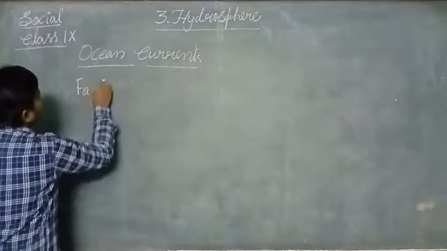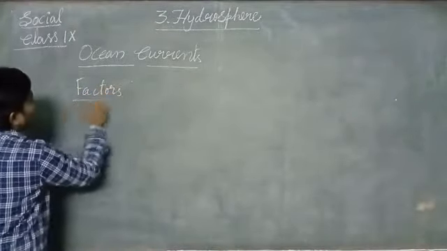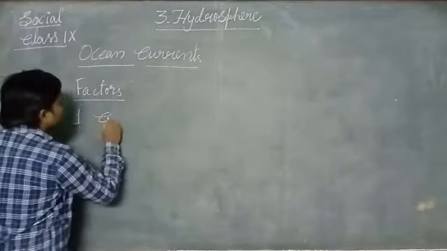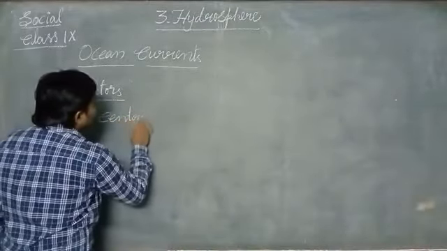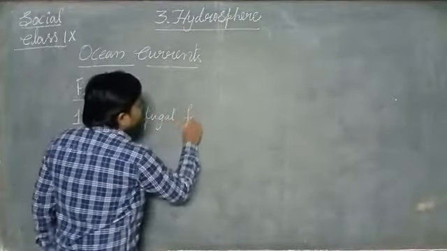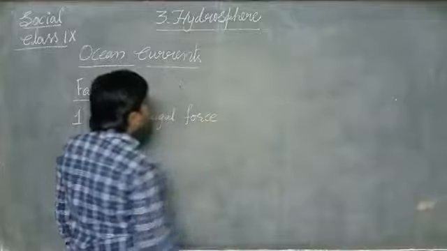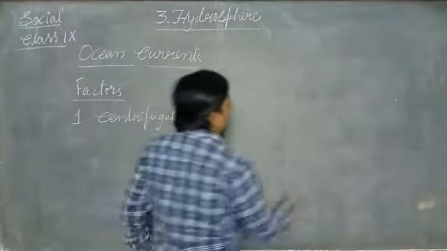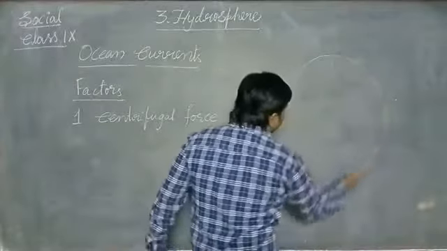Factors that are affecting the oceanic currents. The first one is the centrifugal force. How is the centrifugal force formed in the oceans? Let us assume that this is the globe.